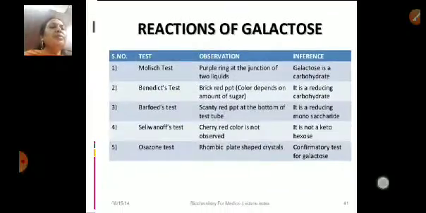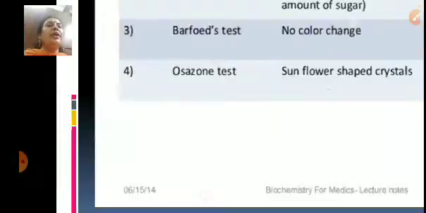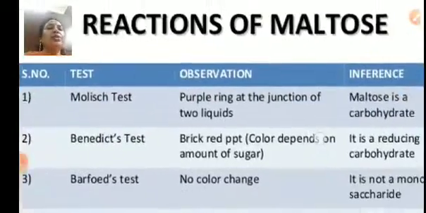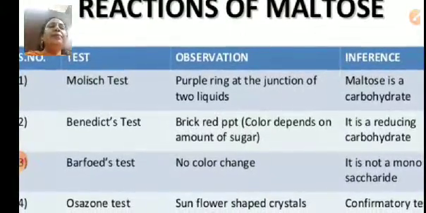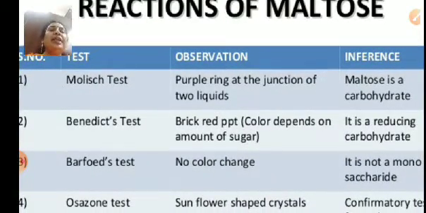Okay. So next, a disaccharide, maltose. If the compound is a disaccharide, then Barfoed's test will come out negative. Molisch test is positive, so the compound is a carbohydrate. In Benedict's test, you get a brick red precipitate. That means it's a reducing sugar. When you perform Barfoed's test, the test is negative. No red precipitate is obtained at the bottom of the tube when the sugar is boiled with Barfoed's reagent.